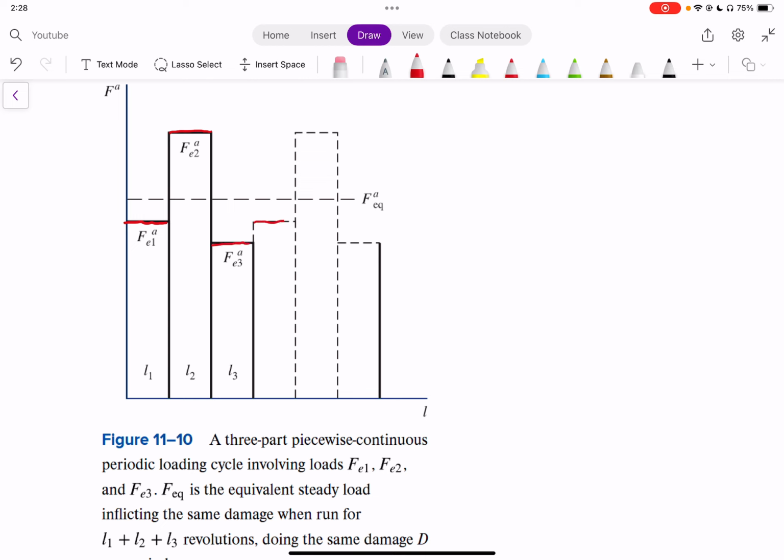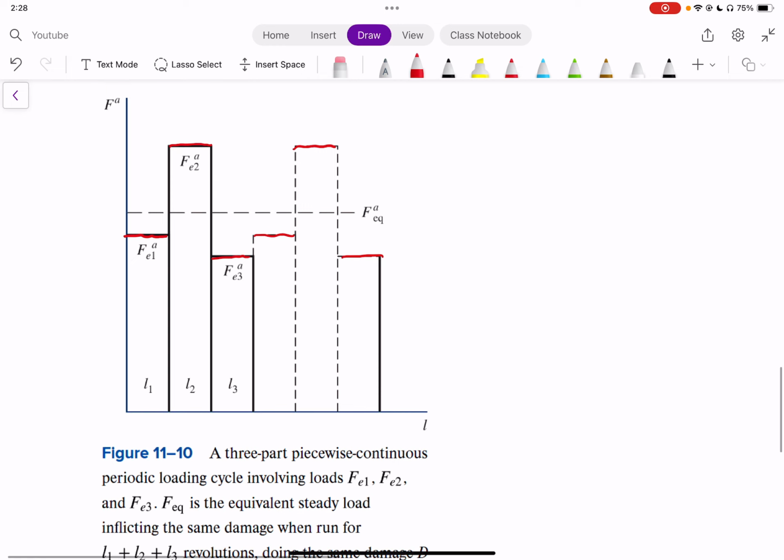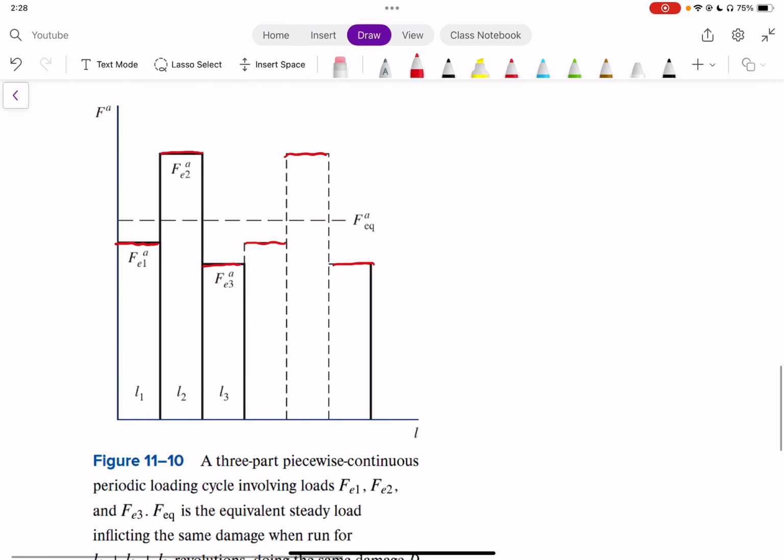And then we repeat the system, 1, 2, and 3. And what we're going to look at is trying to develop an equation that says FEQ to the A multiplied by the sum of L is equal to the damage. So let's look at how we would build that up. We see that we have different loading conditions throughout, so we need to figure out how we're going to work with these different loading conditions.